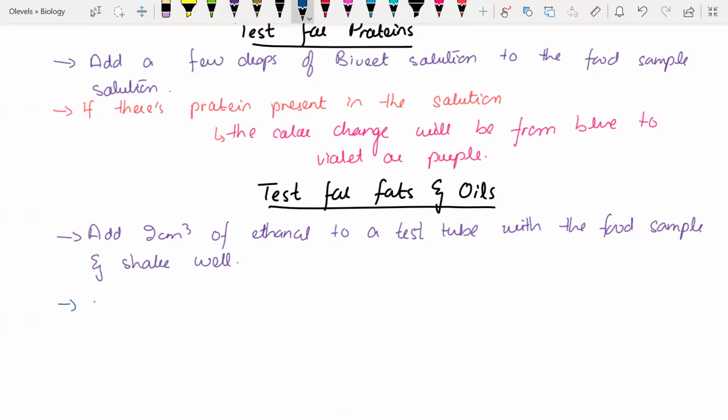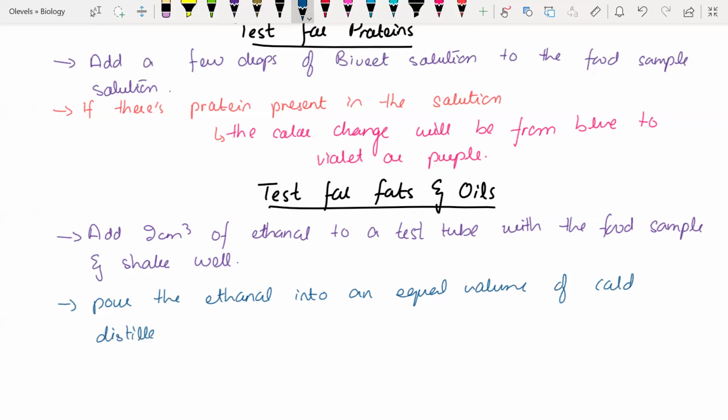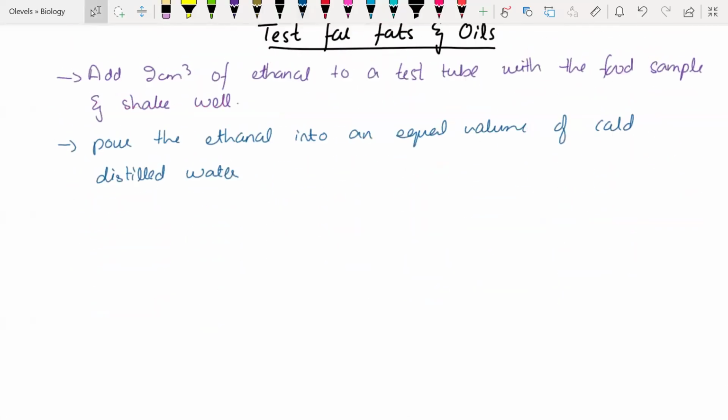Then you have to pour the ethanol into an equal volume of cold distilled water. Now, if the substance contains fats, then the test tube will become cloudy.